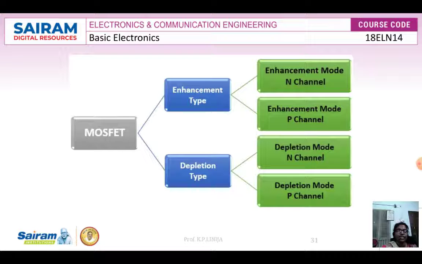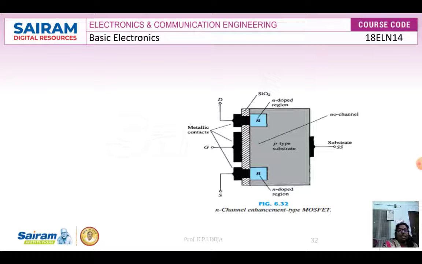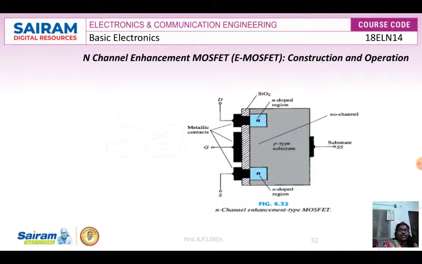In the same way, the depletion type is classified into depletion mode P channel as well as depletion mode N channel. Following this classification, let us discuss the N channel enhancement MOSFET.